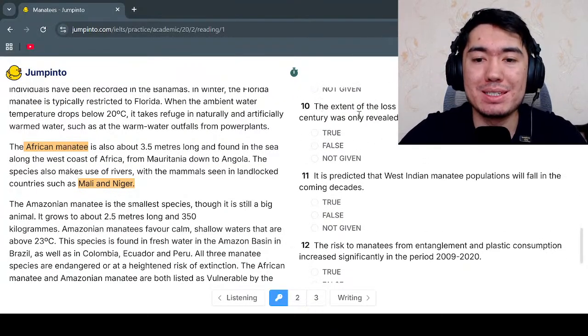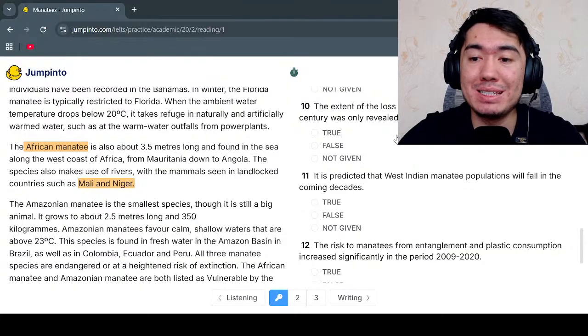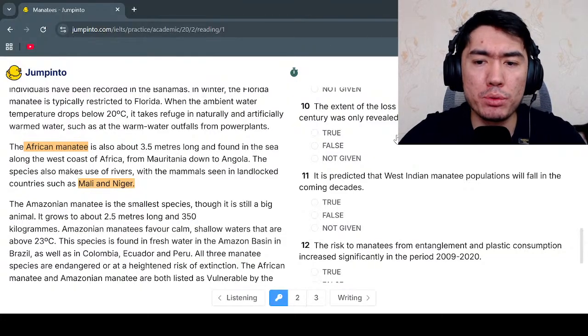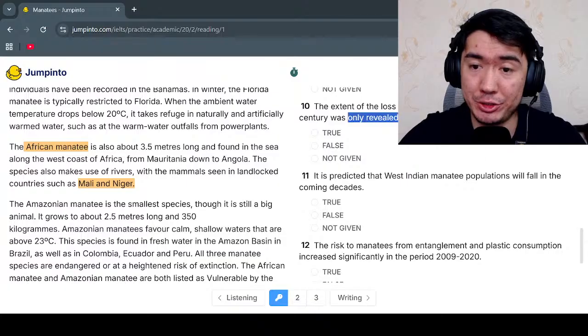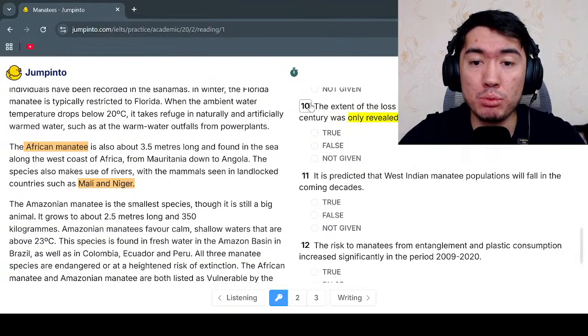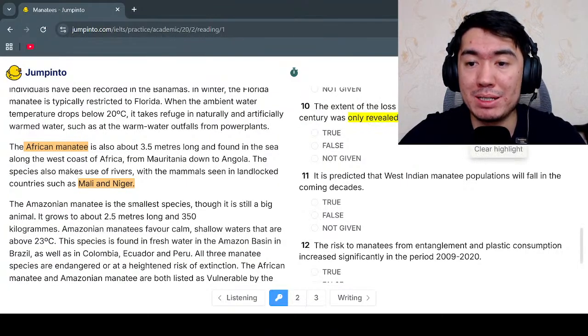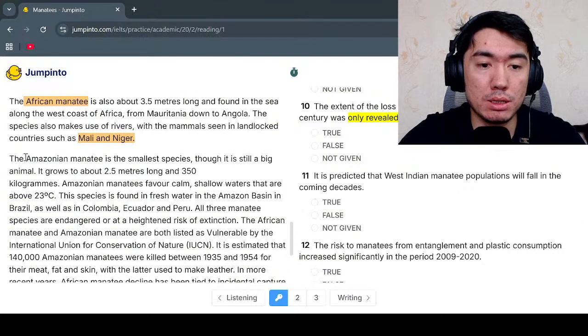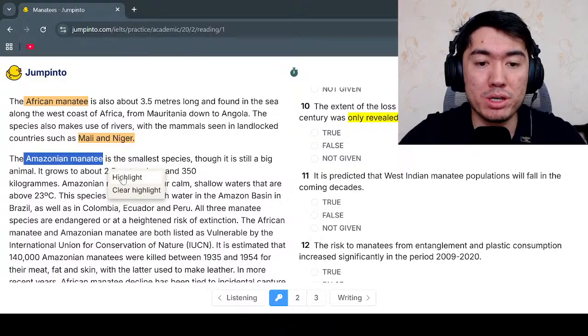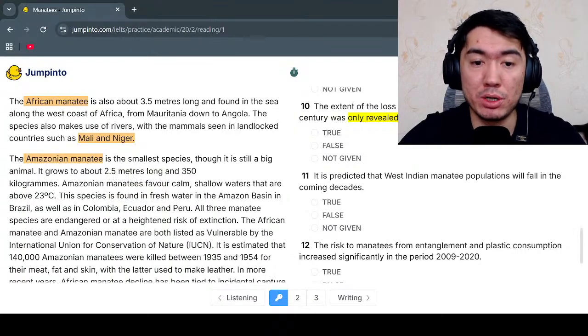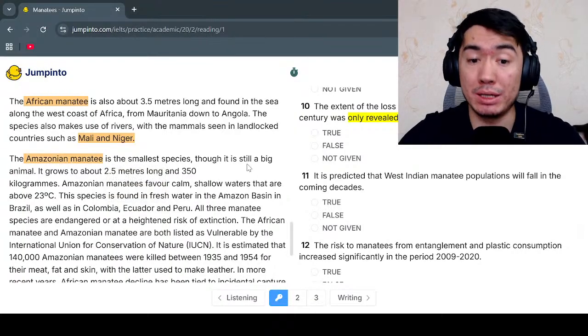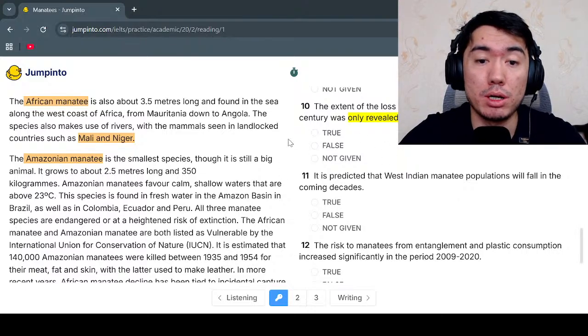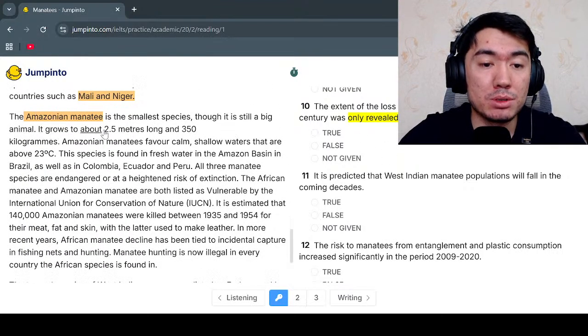Yep. The extent of the loss of Amazonian manatees in the mid-20th century was only revealed many years later. My main keyword, Amazonian manatees, is my location keyword. And there you go. So was it discovered many years later or was it discovered immediately is the question, right? Big animals, kilograms, whatever.